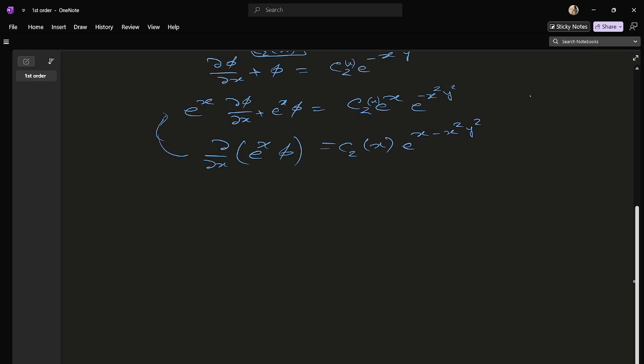Again the integration happens for both sides, so it will be e^x φ = c2(x) e^(x − x²y²) plus c(y), which occurs as a constant of integration with respect to x, so it can be a function of y also.